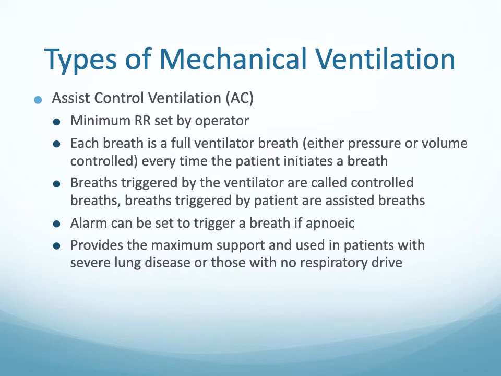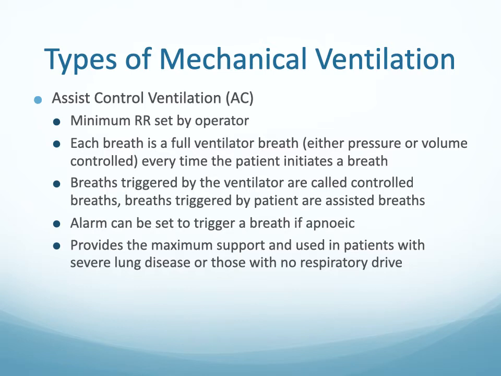This is where you have a minimum respiratory rate set by the operator, and each breath that's delivered is a full ventilator breath. Your ventilator breathing is either going to be pressure or volume controlled. I highly recommend that you stick with pressure control.